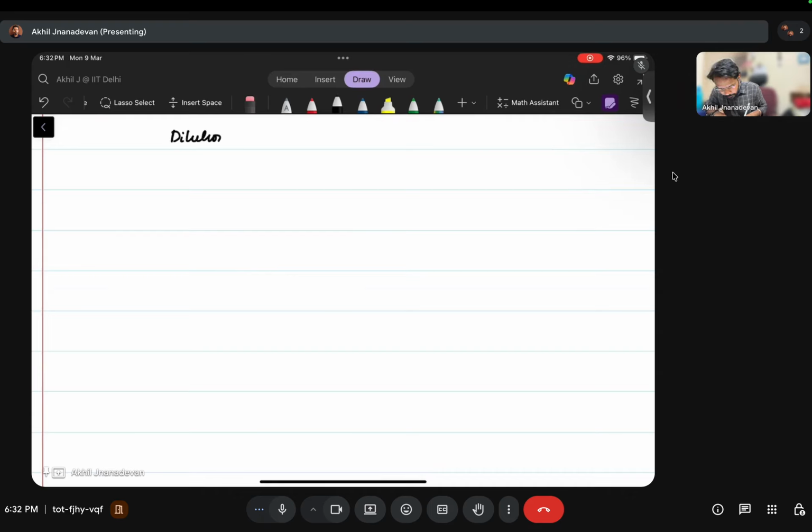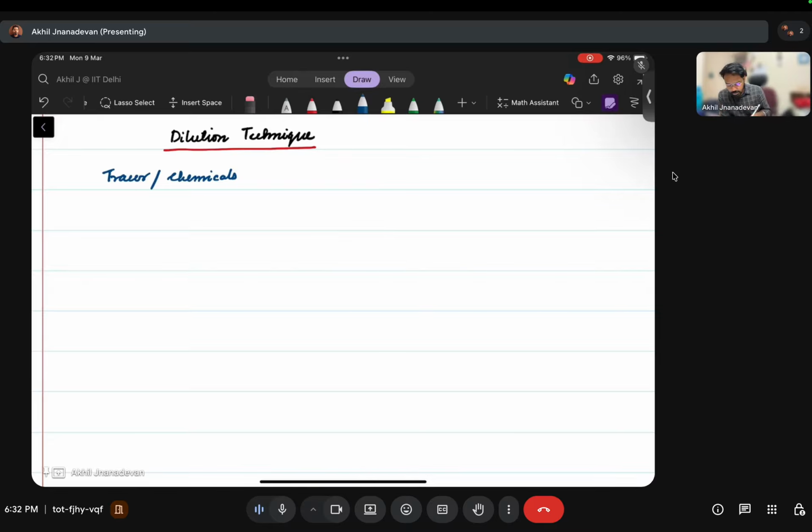So it is called the dilution technique. Basically, what we'll be using here are tracers. These chemicals are called tracers. Tracers are nothing but chemicals that are added to the water to trace their path, right?